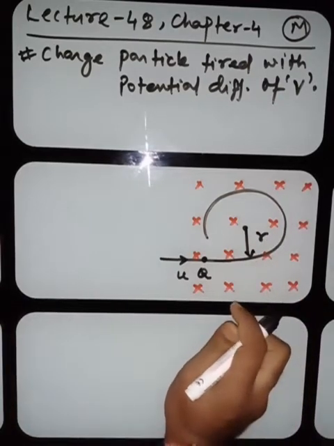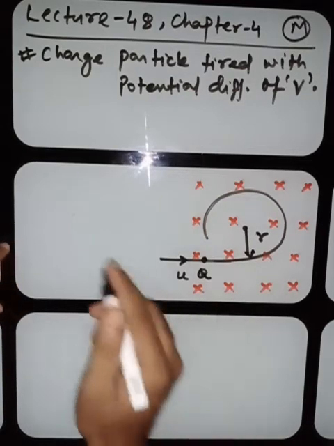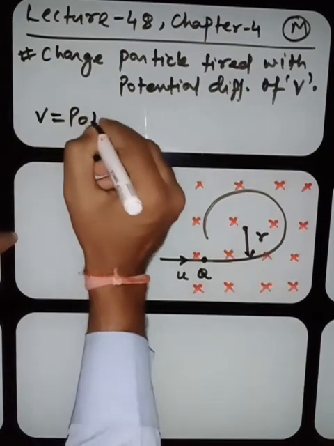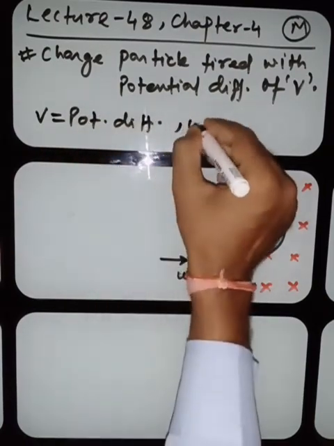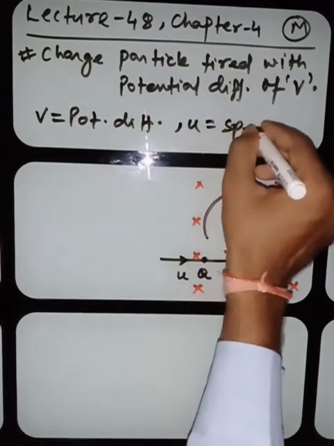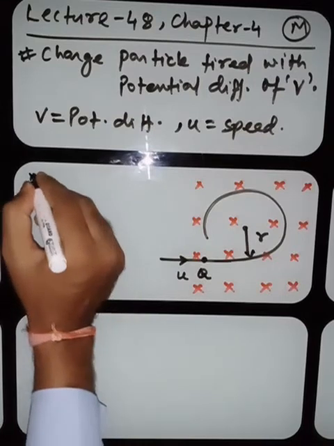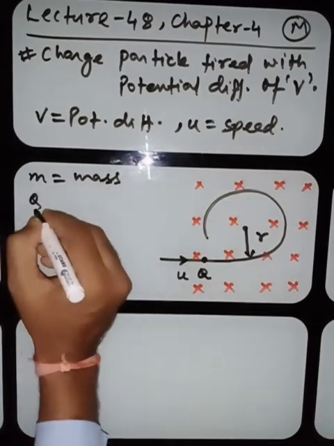We have to derive an expression for the radius. So let me go for this. Remember, V is the potential difference. u is the velocity, the speed with which it is moving. m you can take as the mass of the charged particle. Q is the charge.